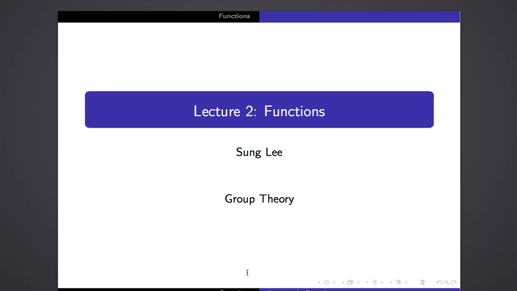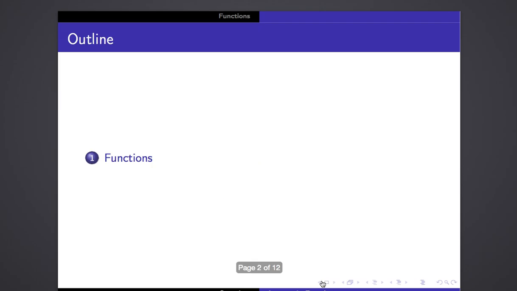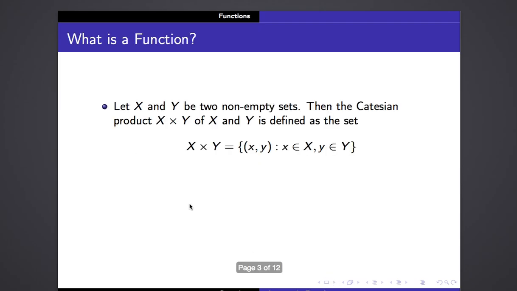In this lecture, we study functions. So, what is a function? First, let x and y be two non-empty sets.